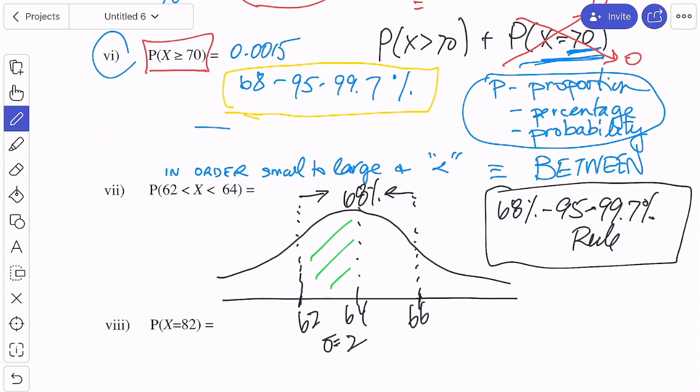All right, so to figure this out, it's just 68 divided by 2. If you do it another way and get the same answer, I'm happy. So this ends up being 34%, or you can write that as 0.3400.